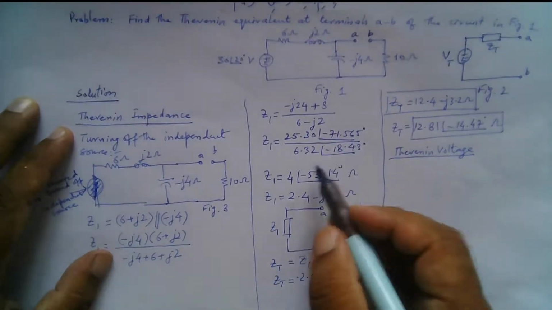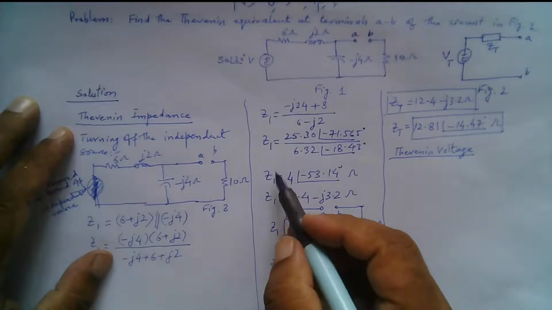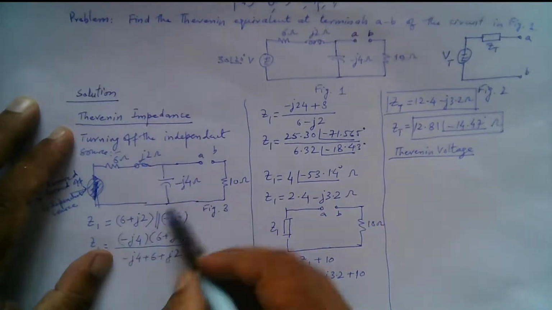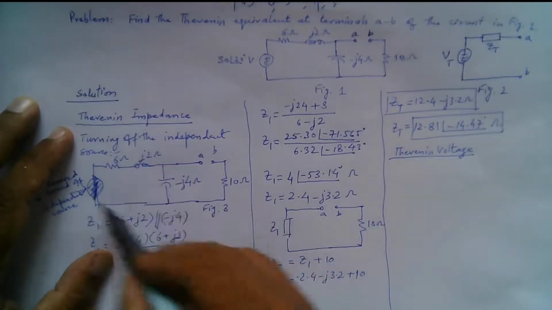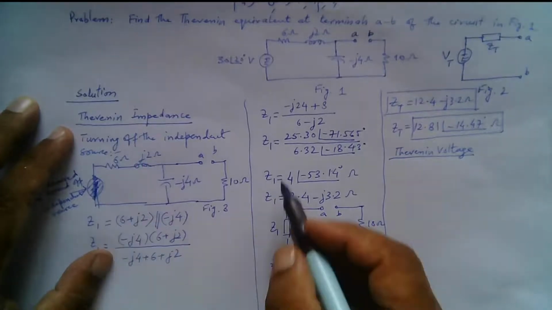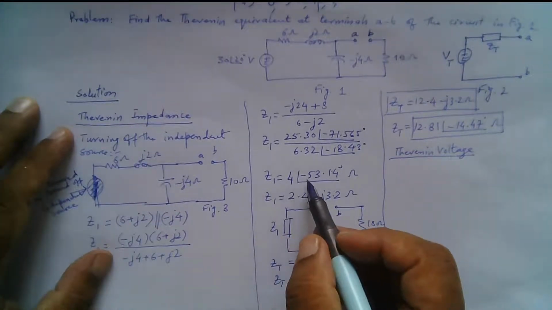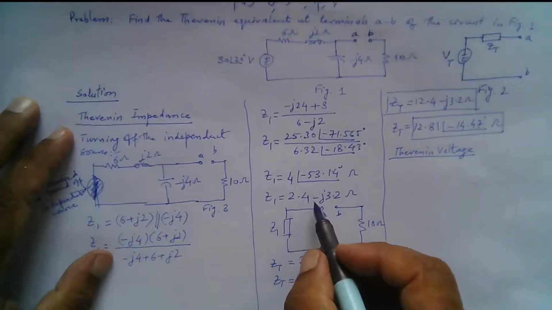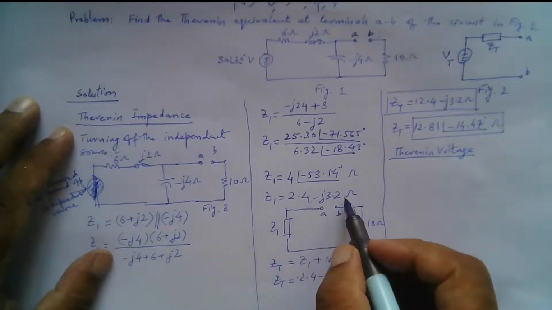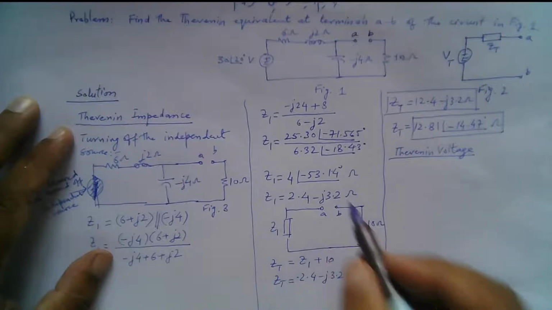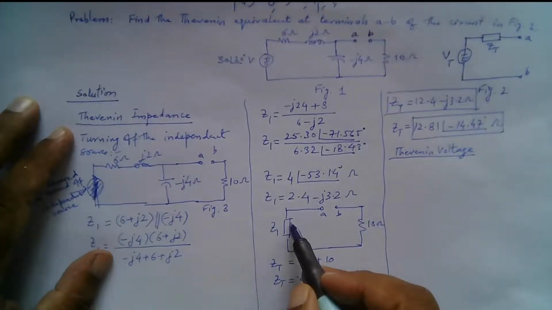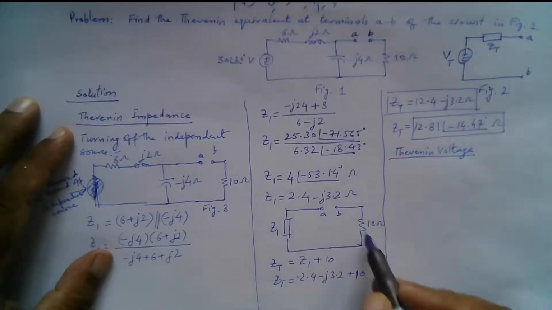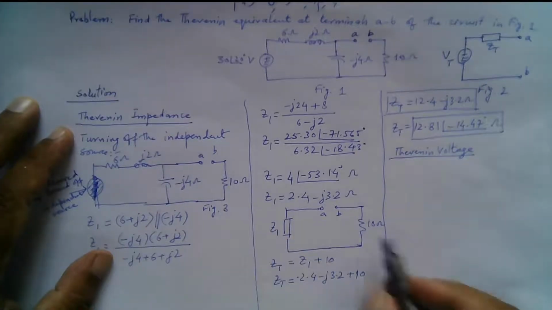And after dividing, we find that the Z1, we call this parallel combination of impedances here as Z1. So Z1 is equal to 4 angle minus 53.14, and expressed in rectangular form, that is equal to 2.4 minus J3.2. So this Z1 is then here, in series with this 10 ohm resistance here.